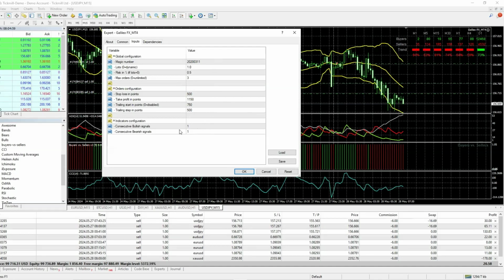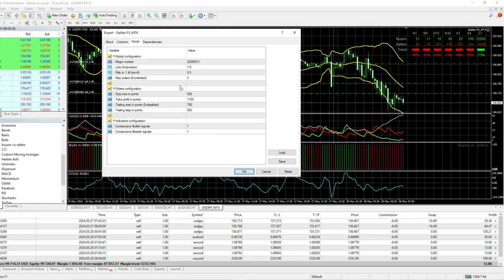And what you'll notice is that my bullish and bearish signals are at 1. Now, based on the guide and settings from Galileo, this is supposed to be very aggressive. It's not very aggressive at all. I have max orders at 3. So at any given time, I'm only going to have 3 open trades.